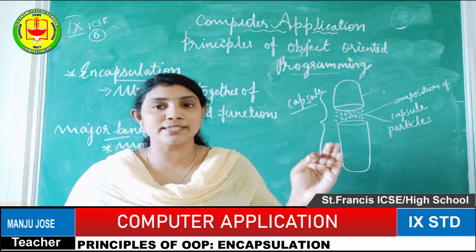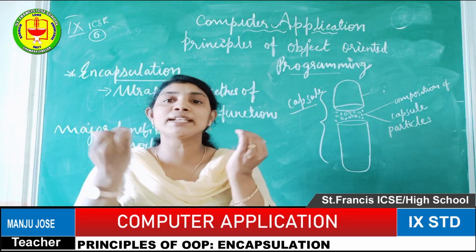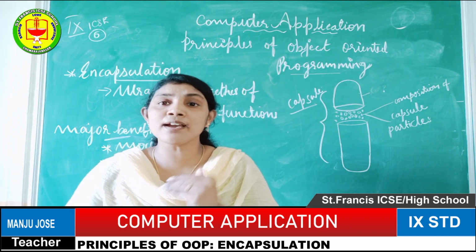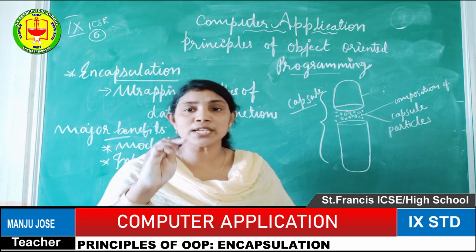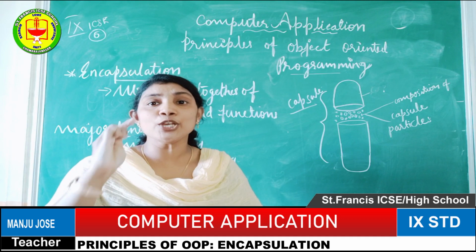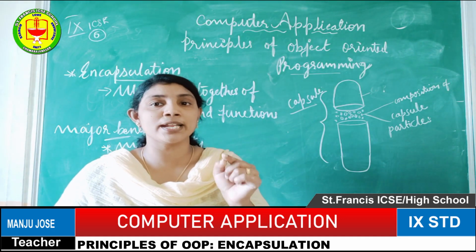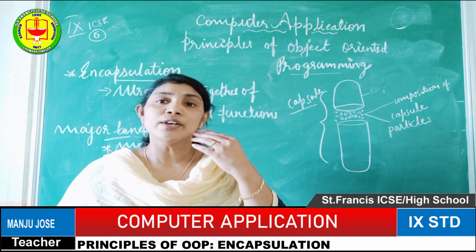When you switch on the system, automatically we get the desktop. We can make it secure by using a username and password. Once you set the username and password, you are not able to access the computer directly. You should give the username and password. That is a kind of encapsulation. That is a type of security.